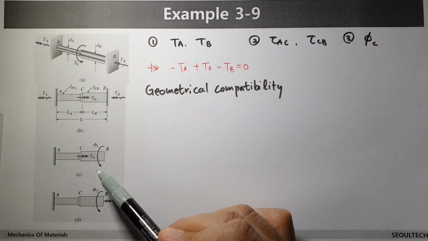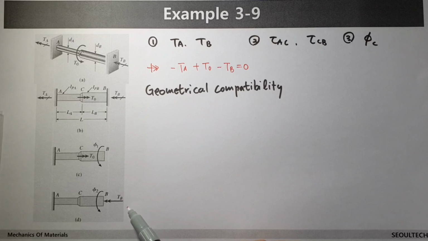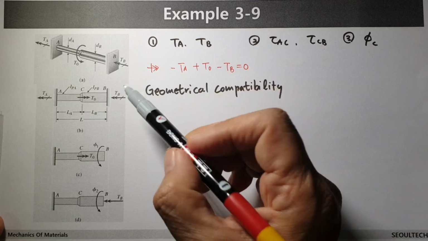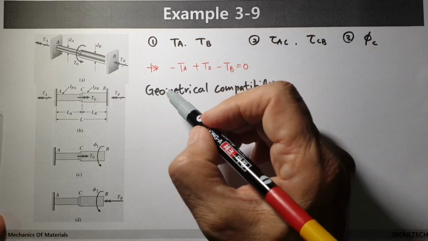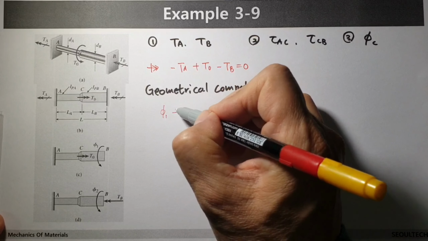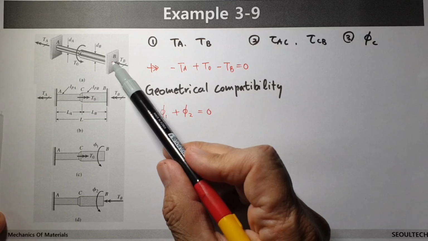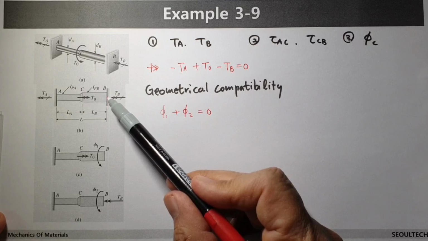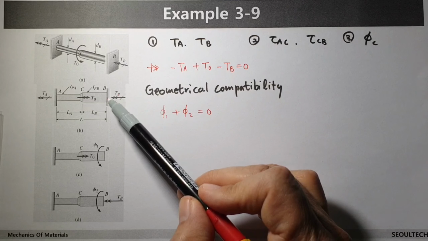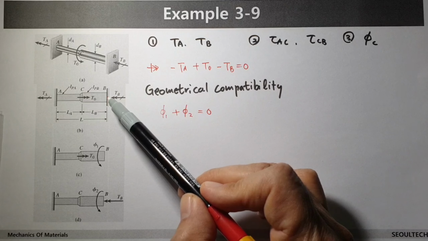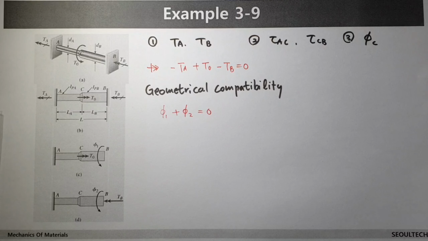And another imaginary reactional torque is like this, then phi 2 happens like this. But eventually, at point B, phi 1 plus phi 2 equals 0. Actually, at B point, nothing happened because the right side is fully fixed to the wall. Then the rotation of angle cannot change. That's the geometrical compatibility.